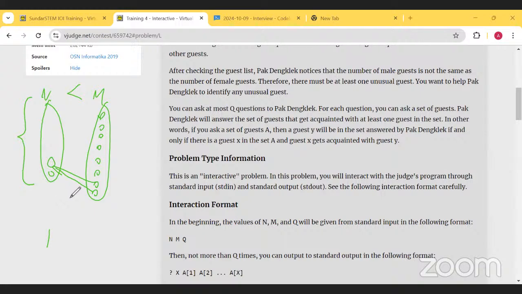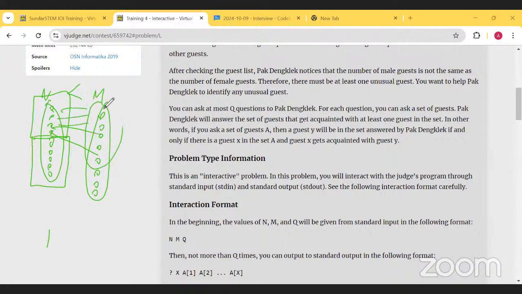How to find it? We can just do binary search. We can try to query half. If the number of female here is the same as the number of male, then the answer should be in the other half, where there should be more female.